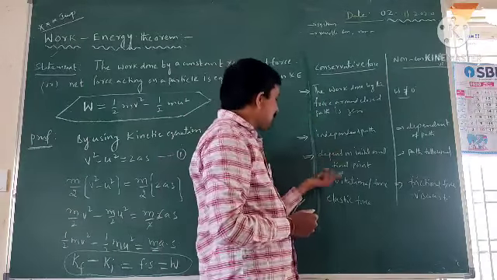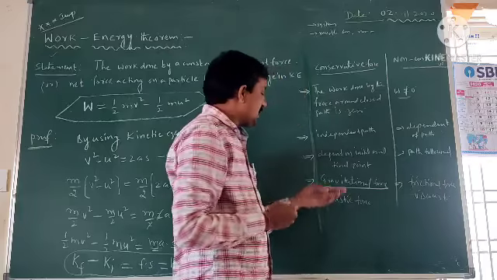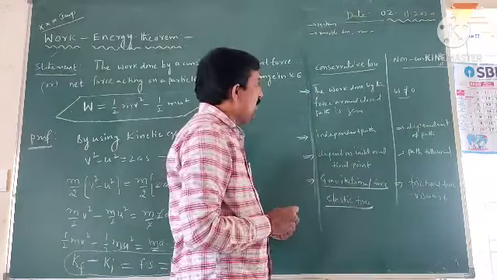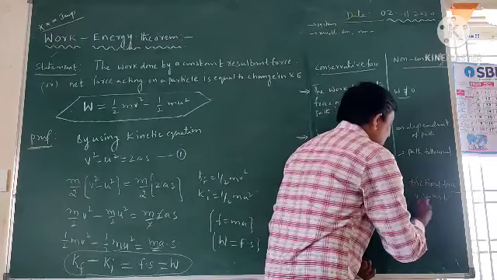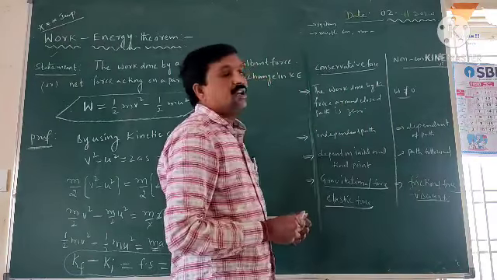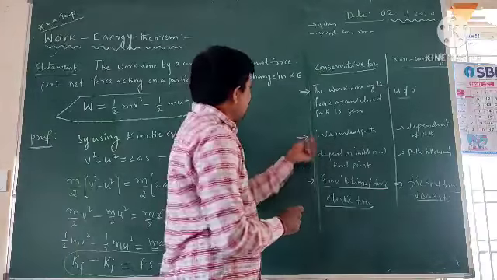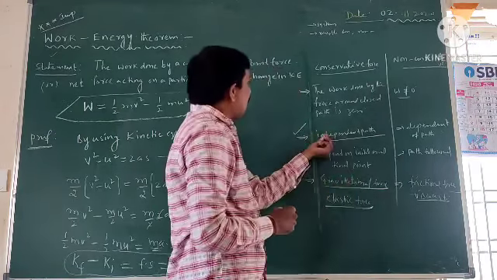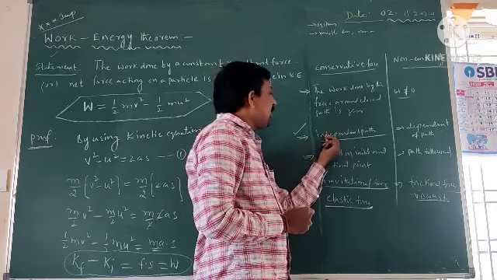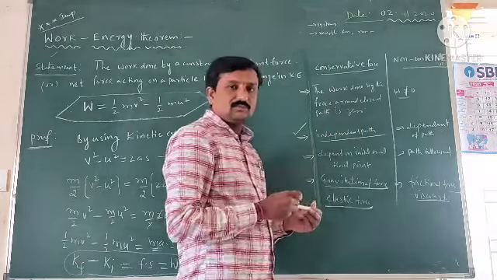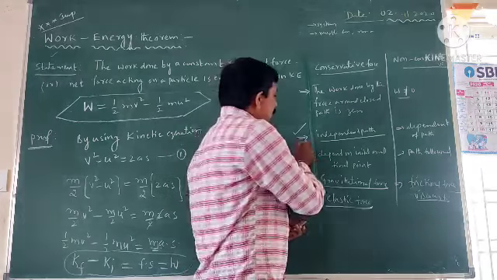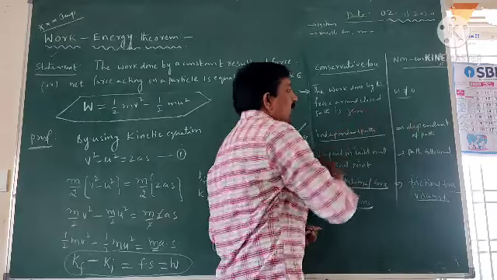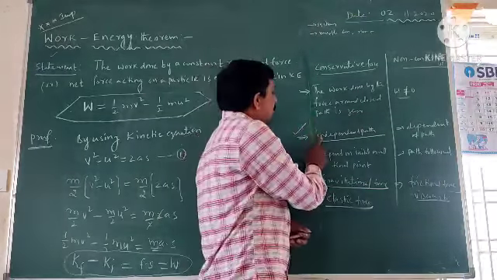Examples of conservative forces: gravitational force and elastic force are conservative forces. Frictional forces and viscous forces are non-conservative forces. Conservative forces are independent of path. Non-conservative forces depend on the path of the particle.